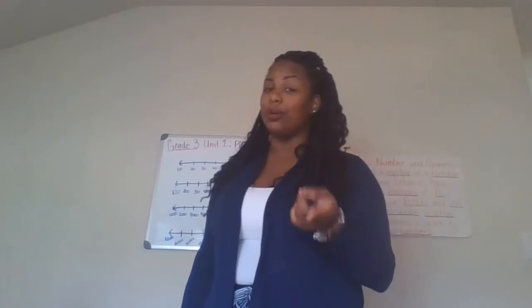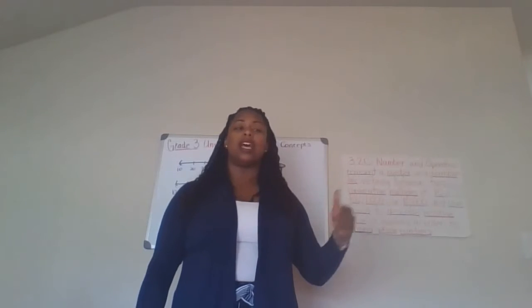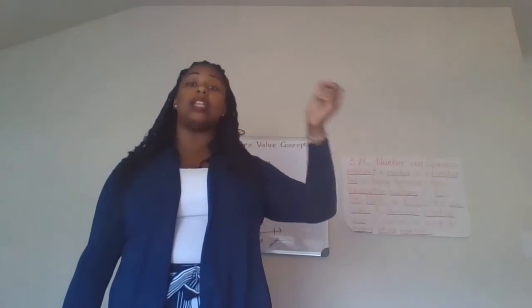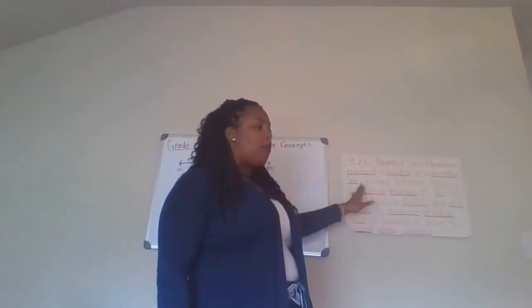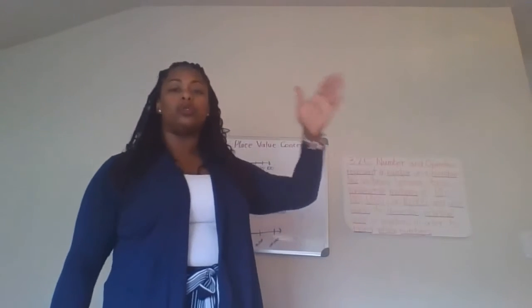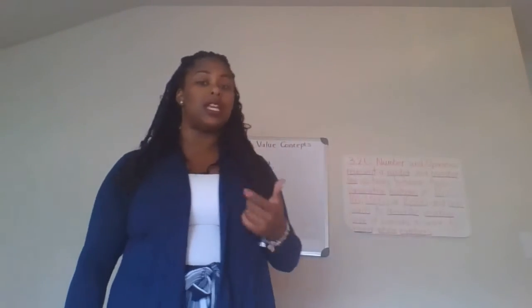They should know how to skip count by 10, 100s, thousands, 10,000. Using their knowledge of 0 to 9 and the patterns in numbers, going back to place value, they should know that 100 is followed by 200, then 300, then 400, and so on. They should know that it's 10,000, then 20,000, then 30,000, and so on.